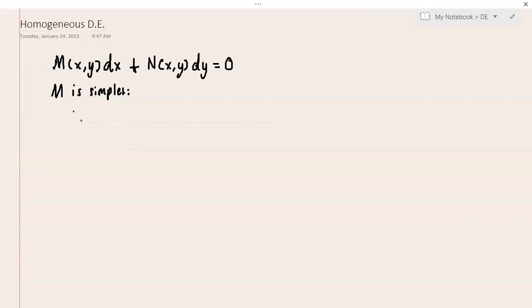You will substitute your x as v times y and dx as v dy plus y dv. What if naman kapag si function N, mas simpler pa siya, mas convenient pa siyang i-simplify kaysa kay M? Kumbaga si M, mas complicated pa siya kaysa kay N. So, if N is simpler, then ito ang gagamitin ninyo.